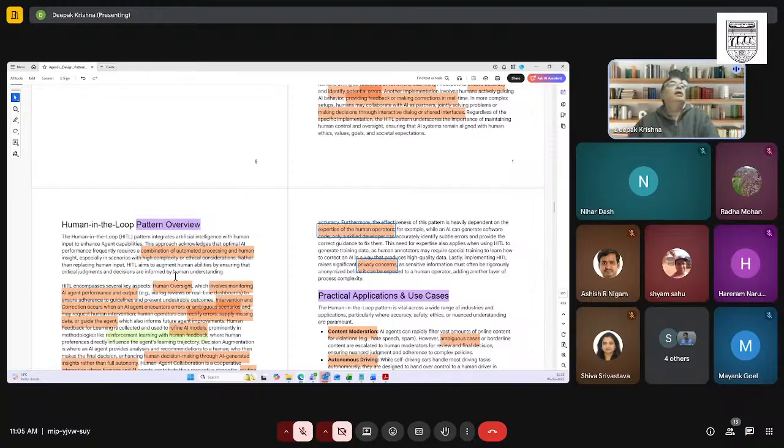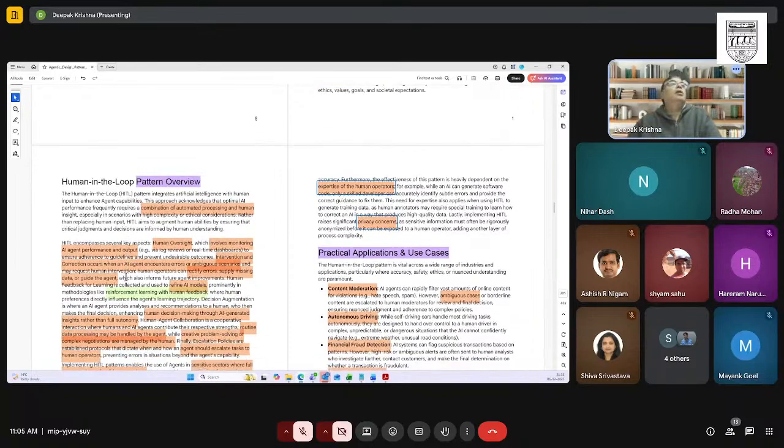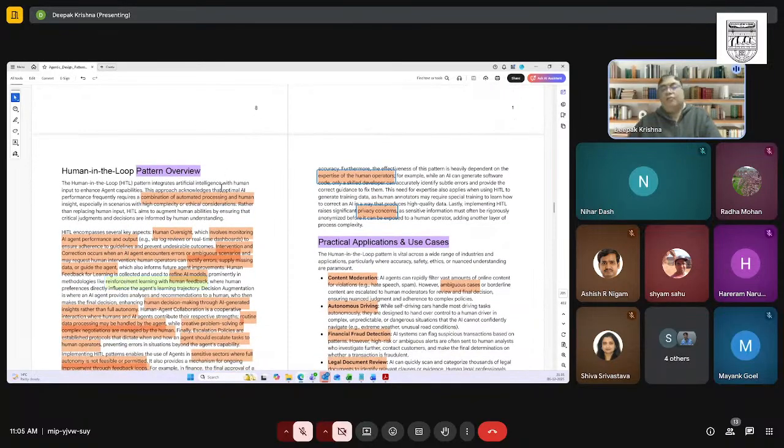So here we're talking about how we can combine the capabilities of human and AI, right? HITL encompasses several key aspects. Human oversight involves monitoring of AI performance and output.